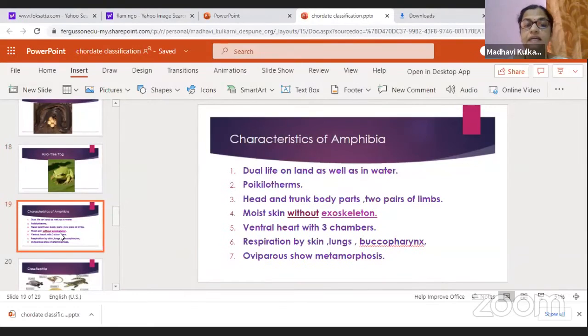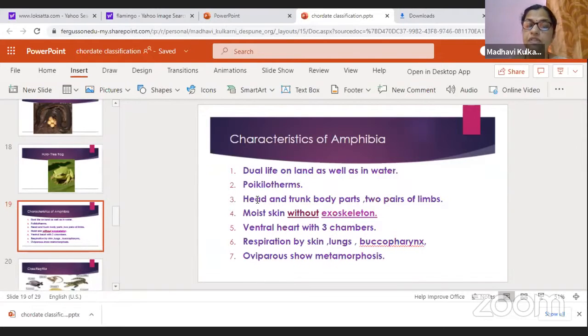Now let us see the characteristics of amphibians. The amphibians, they are called amphibians because they show the dual life and they live on the land as well as in the water. All amphibians are poikilotherms or cold-blooded animals. They cannot maintain their body temperature constant.